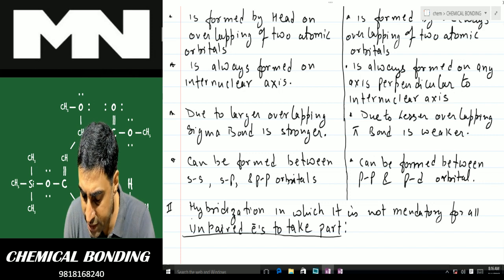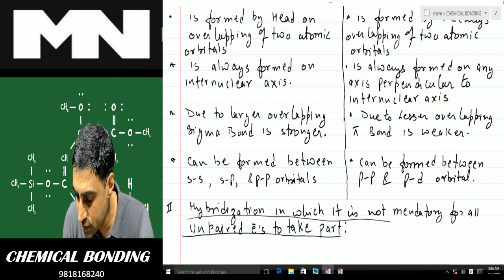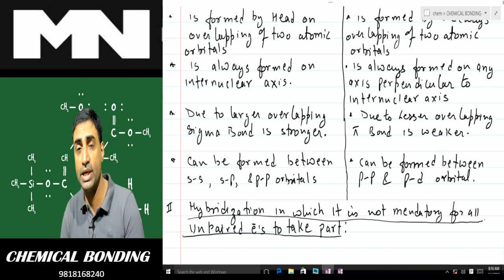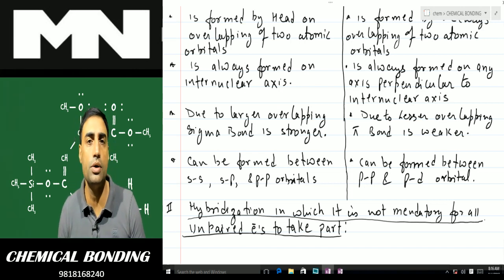So it is not mandatory for all unpaired electrons to take part. Some of them can undergo hybridization, some of them cannot undergo hybridization.